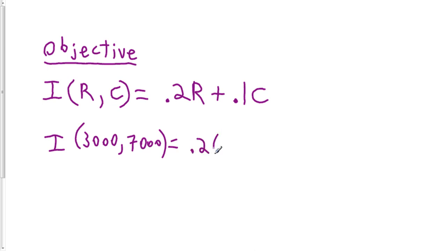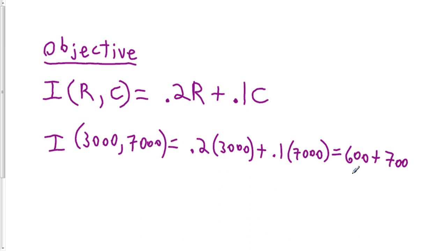This is going to be 0.2 times 3,000 plus 0.1 times 7,000. Let's see what this gives us. 0.2 times 3,000 is 600, and 0.1 times 7,000 is 700. So at the end, if I put $3,000 into the risky and $7,000 into conservative, I will make $1,300.